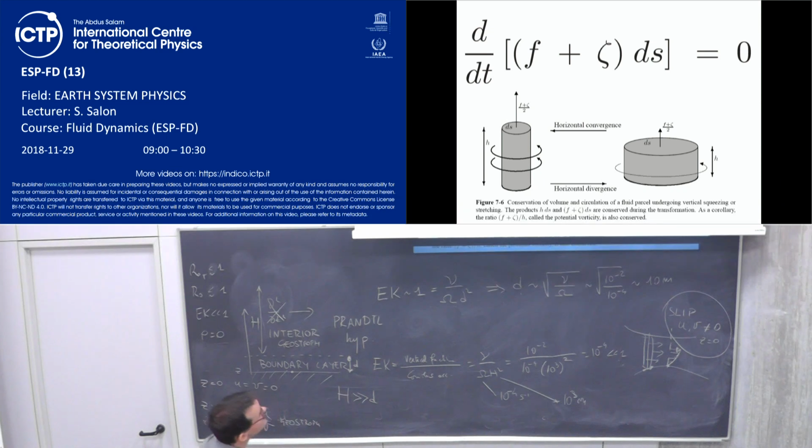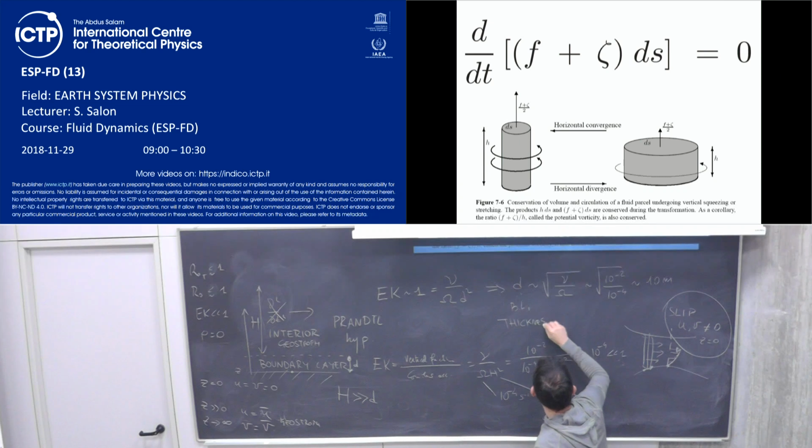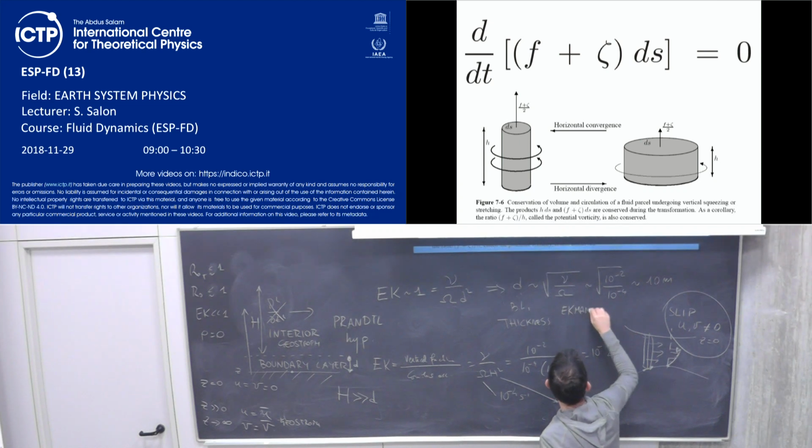But even if it is thin, it will have very important consequences on our flow. So another interesting thing is that this value of the boundary layer, we can call it also boundary layer thickness, or some people call it Ekman layer.